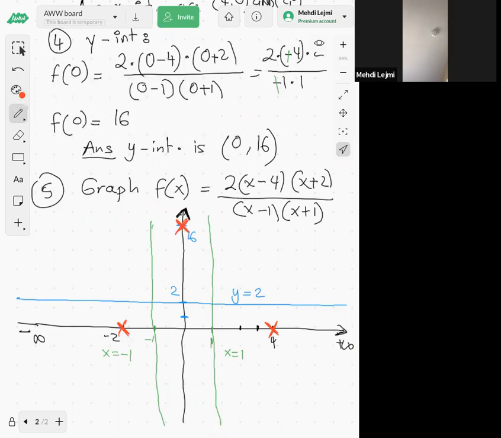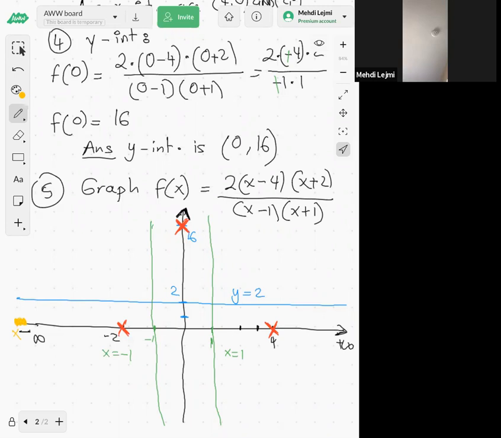Okay, so now we are ready to graph the function f. You always start from the left. When you start from the left, it means that your x is close to negative infinity.